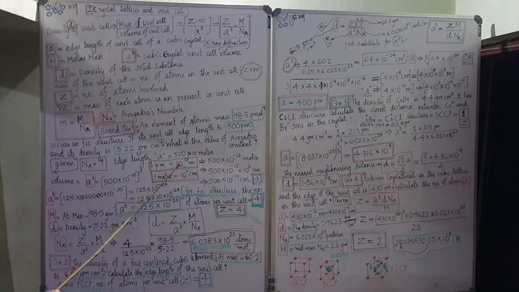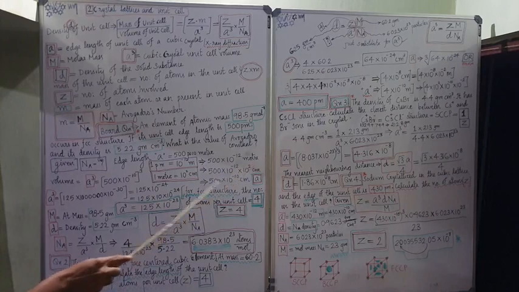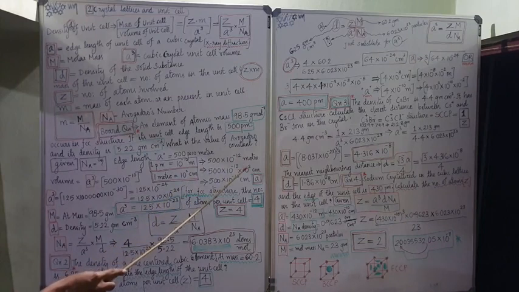1 picometer is equal to 10 raised to minus 12 meter. So 500 into 10 raised to minus 12 meter. But 1 meter is equal to 10 raised to 2 centimeter, so we multiply by 10 raised to 2, and it becomes centimeter. Solving: 10 raised to minus 12 into 10 raised to 2 is 10 raised to minus 10.